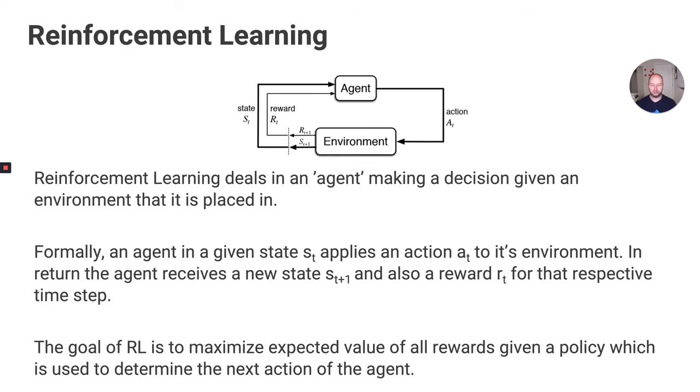And the goal of the reinforcement learning problem is to maximize that reward over a given amount of time, and given a particular policy. So there's some kind of policy that is used to determine what the next action might be, and the optimal policy is the one where we've maximized the expected return of reward over a particular time frame, be it an infinite horizon or a finite horizon.